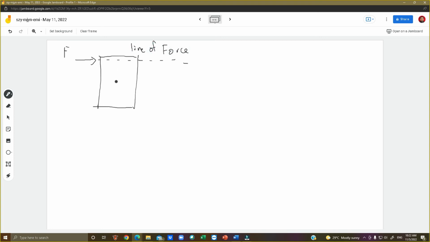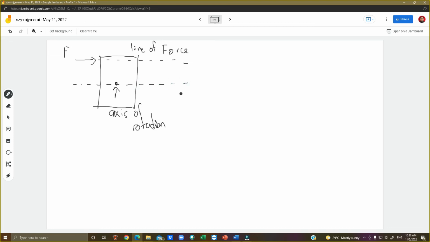Okay, and then you need to determine the axis of rotation. Now you need to draw a line that intersects the axis of rotation, parallel with the line of force.